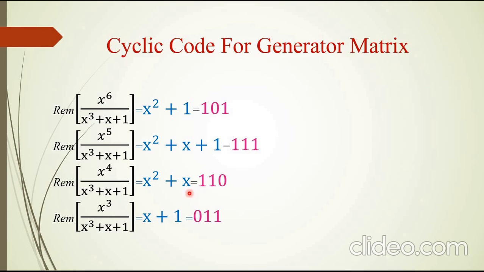For x, it will be 1. And there is no 1, so that will be 0. So the code is 1, 1, 0.